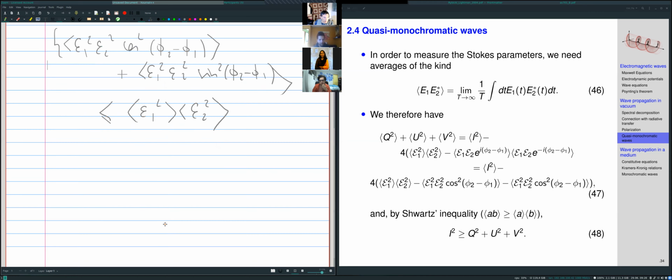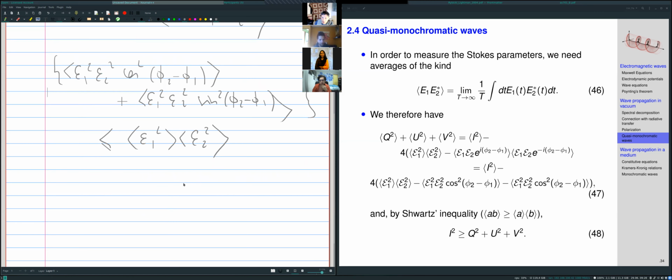So this quantity here is positive definite, is what I mean to say. So all this factor here is positive definite because of this inequality. Okay. So in other words, what's on the right-hand side of equation 47 is I squared minus something positive. Okay.